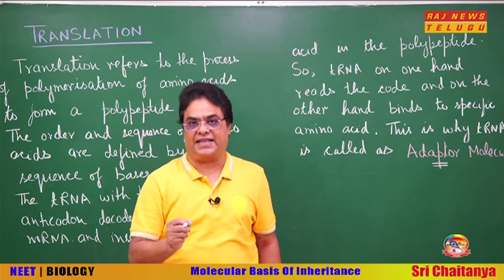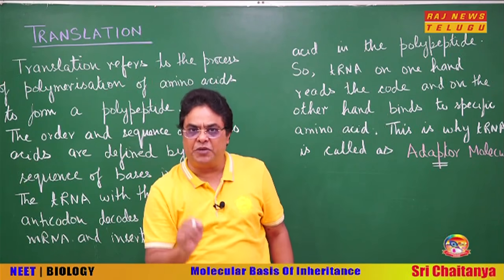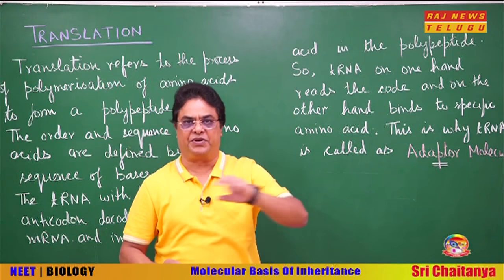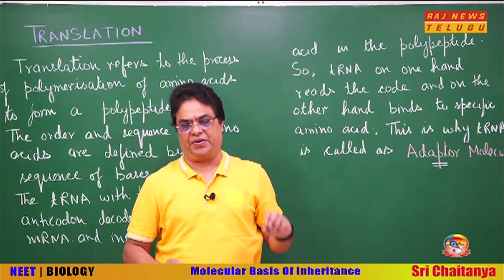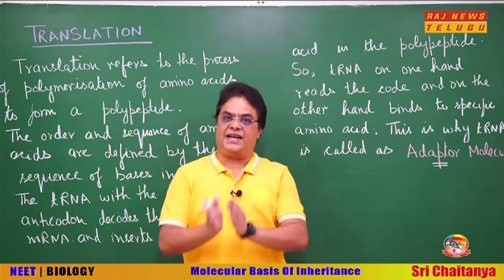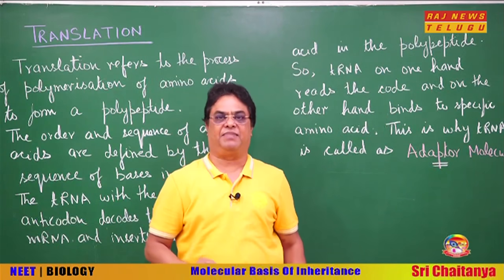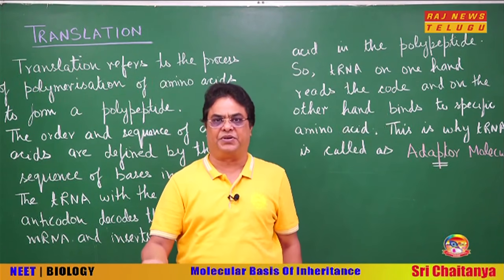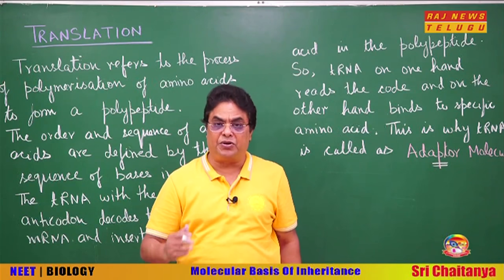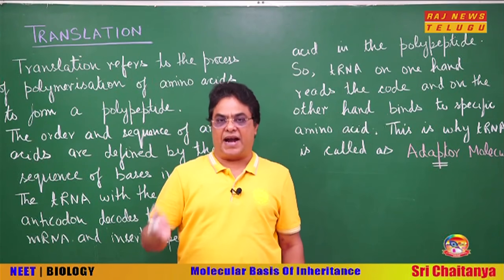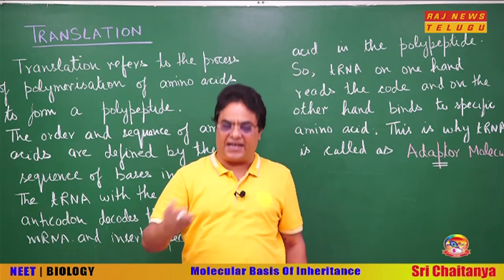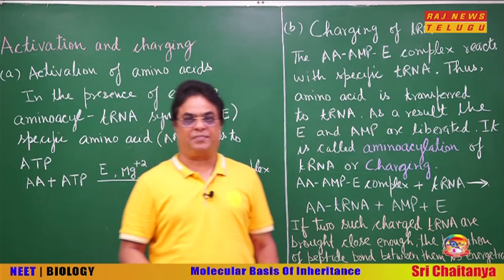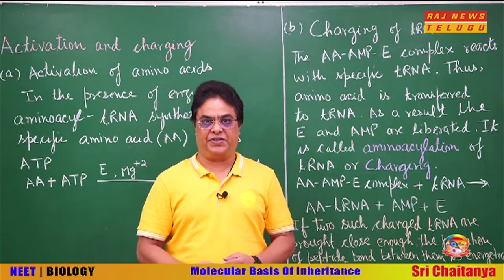So, Crick said that there should be an adapter molecule between the polynucleotide and the polypeptide. Now, tRNA had already been discovered by that time, and at that time it was called soluble RNA due to its small size, but it took quite a time to identify that the tRNA is the adapter molecule. Now, let us see the various steps in the process of translation.